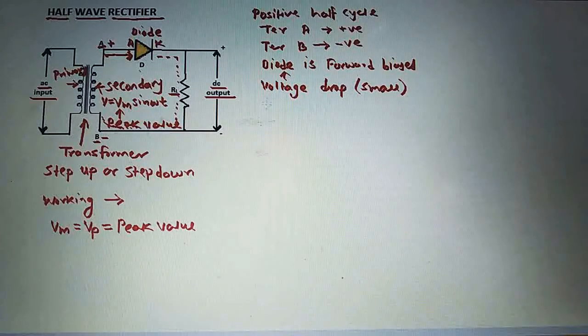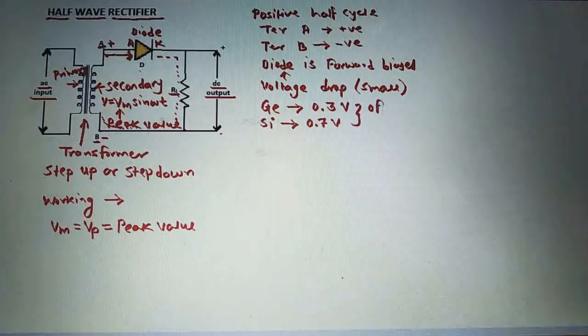If we take a germanium diode here, then the voltage drop will be 0.3 volt, and if we take a silicon diode here, then the voltage drop will be 0.7 volt. So this voltage drop across the diode is called offset voltage.